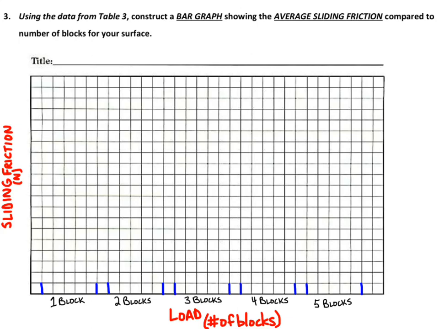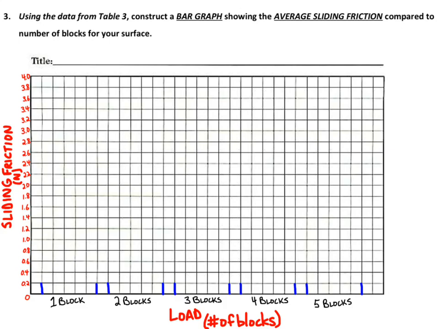So again, we come back to our graph and we will write in our scale numbers for the y-axis on the left side there at 0.2 newtons per line. So we write that in, 0.2 per line all the way up, and just like our first graph, we're going to get up to 4.0, and that's where our scale should end.